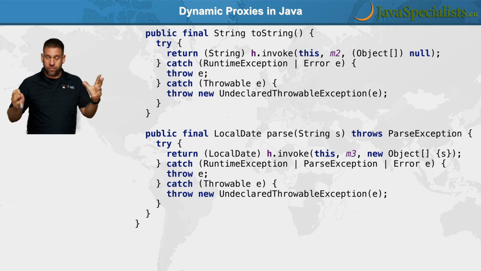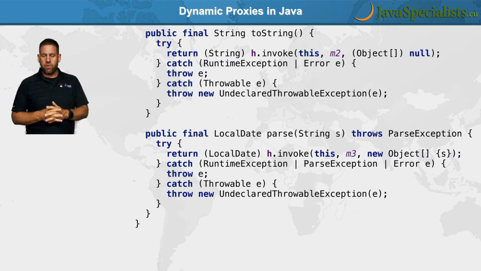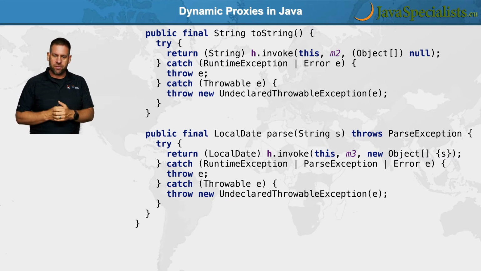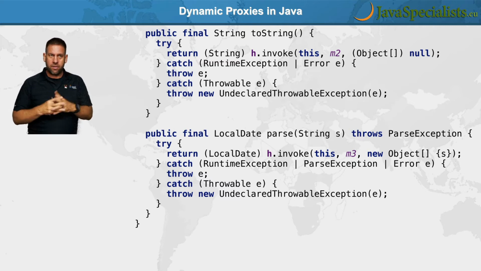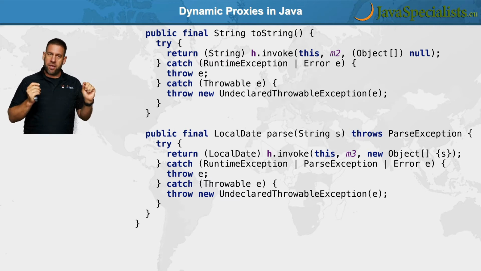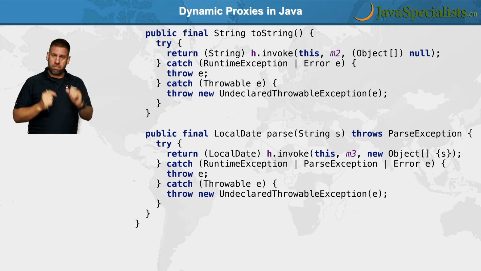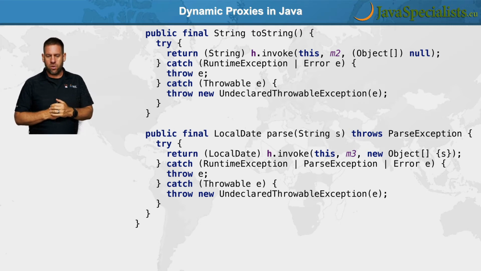Again, you have to cast the result to LocalDate because h.invoke returns an object. And then the other little difference is that this method declares that it throws ParseException. So we'll catch that together with RuntimeException and Error and simply rethrow it. And anything else, we're going to throw as UndeclaredThrowableException.